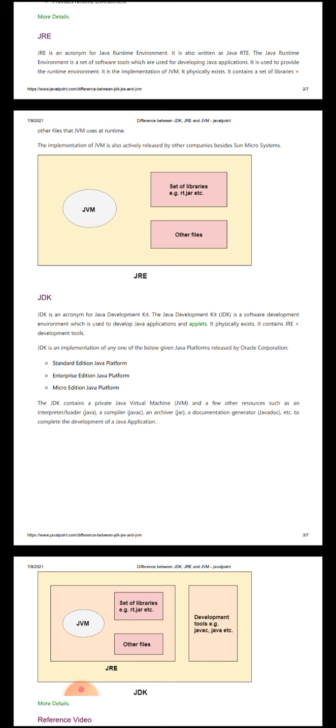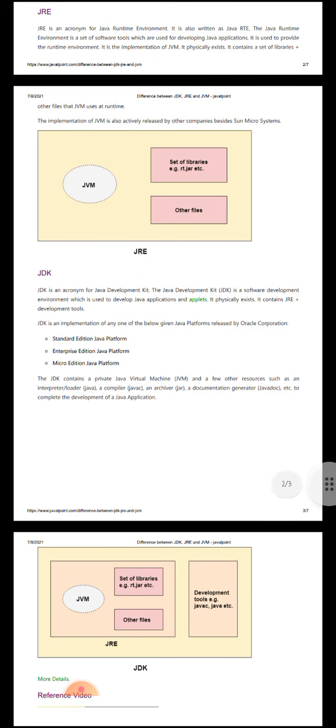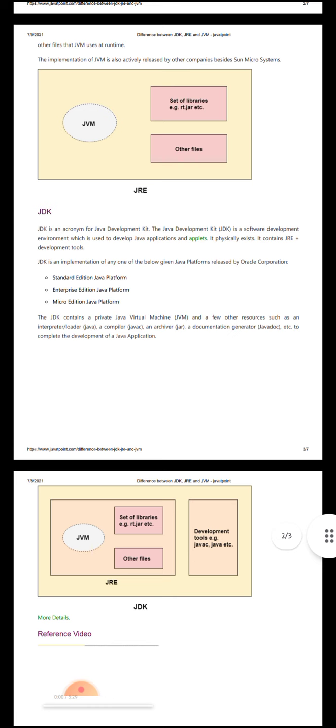Now proceeding forward, what is JRE? The JRE is actually the combination of JVM plus library set. So JRE is JVM plus a set of libraries, and it is known as the implementation of JVM.